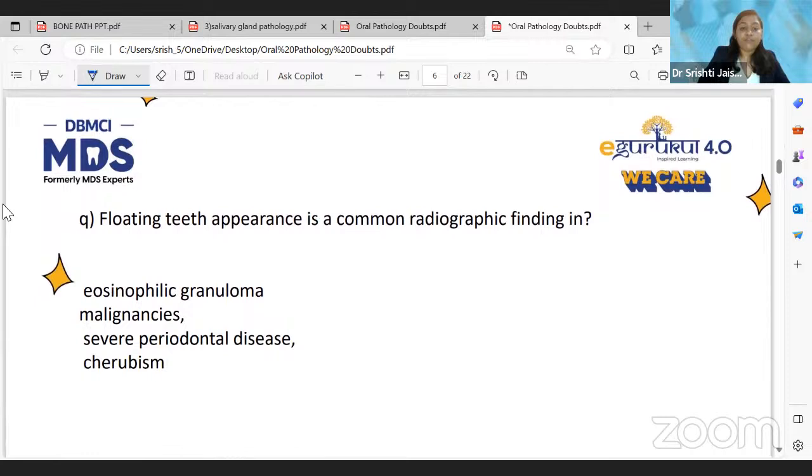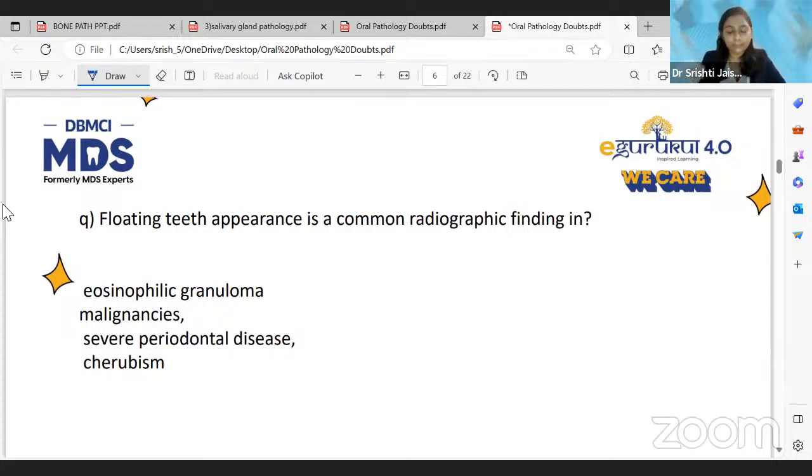Now, floating teeth appearance is a common radiographic finding, right? In which conditions do we see floating tooth appearance? This is a very common query. The options can be very confusing, but you have to know that there are different pathologies where we see the floating teeth appearance. It is not only seen in cherubism.